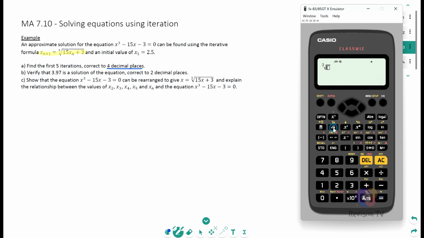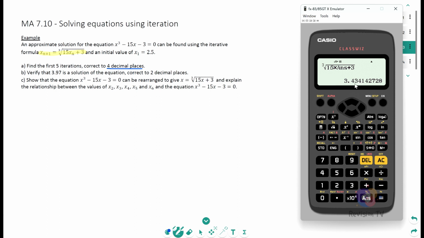So cube root, shift square root button on my calculator. If you've got a different model, then do your cube root. 15 xn. Now you can do 15 answer, but personally, I would do 15 times answer. It doesn't make a difference in the calculator. Calculator is just too smart for us. And then plus 3. And then equal. So that's my x2.